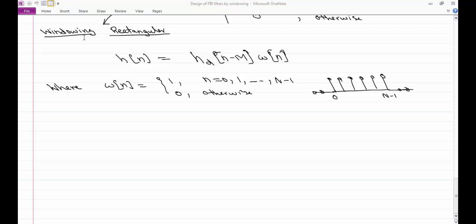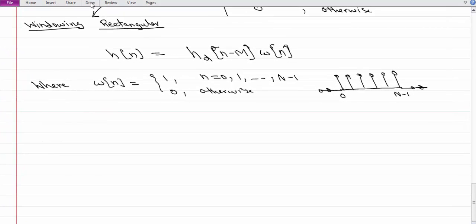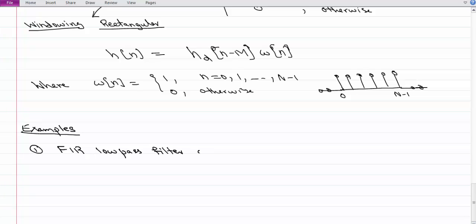We'll do a few examples of designing some common filters using this windowing method. The common filters are low pass, high pass, band pass, and band stop filters. Let's look at the first example: you are interested in designing an FIR low pass filter with cutoff omega c.